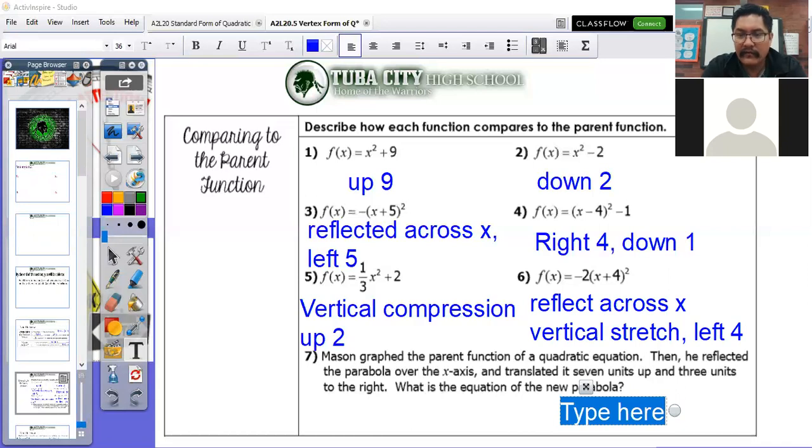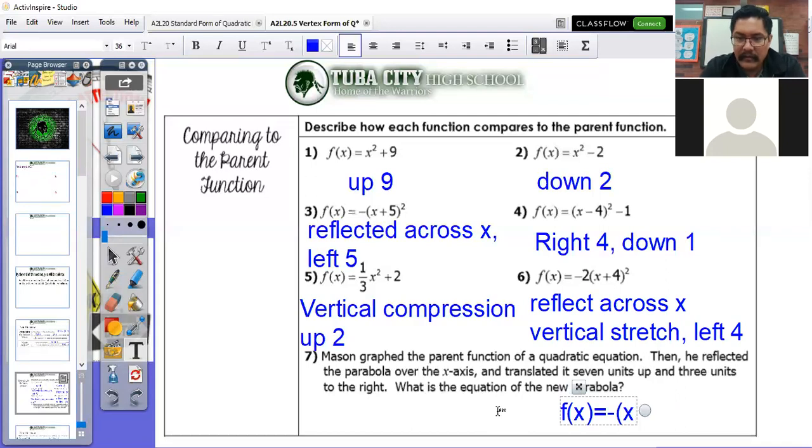So f of x equals, and it says that it's been reflected, so that means that the first value is negative. And it doesn't say that it's been compressed or stretched, so I'm guessing that it's going to stay the same, so x.